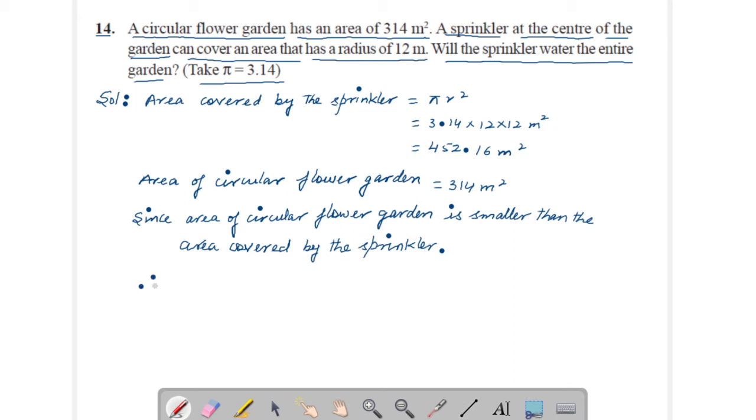Therefore, the sprinkler will water the entire garden.